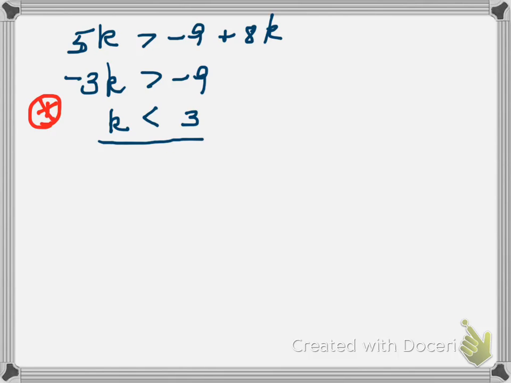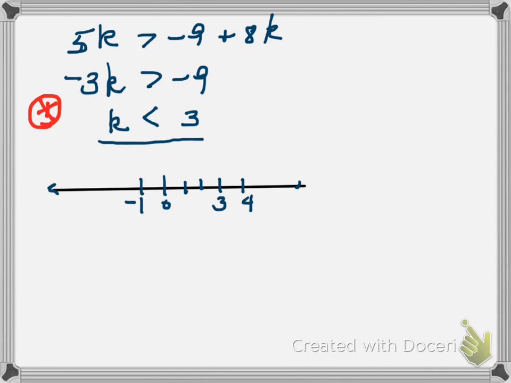Graphically, your solution is going to look this way. Here's a number line. Put 3 on your number line. 0, 1, 2, 3. Maybe put a 4 here, negative 1 here.